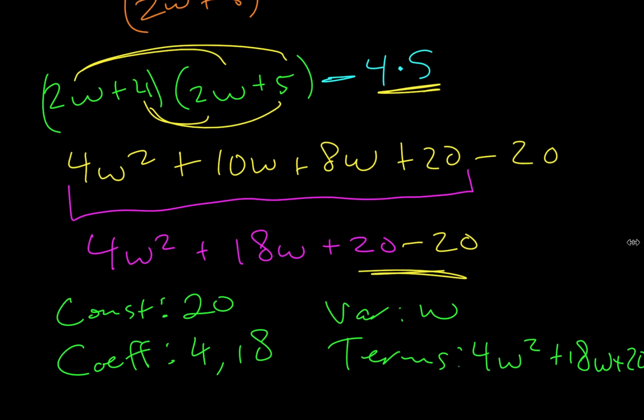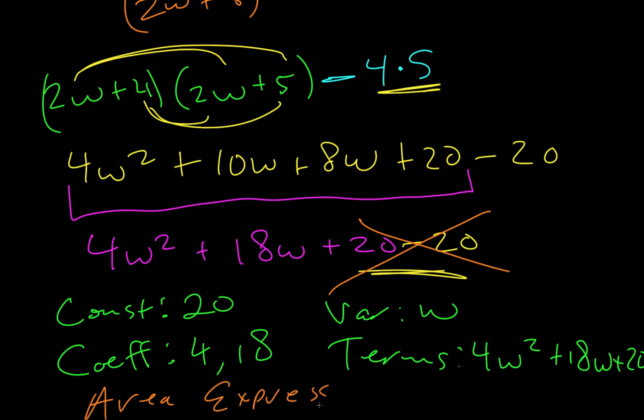Now, after you do that, go through the simplification so these cross out. So for the area expression, we're going to say 4W squared plus 18W.